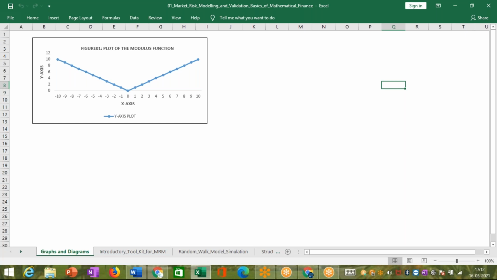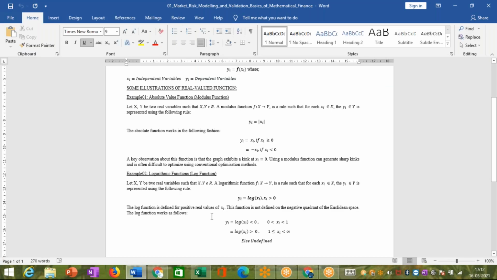From that perspective, these functions become extremely useful. The absolute value function is used whenever you want to find the absolute percentage changes, absolute changes in the returns, return volatility and so on. So when you're looking to study absolute changes, let's say the absolute changes in the actual versus the predicted value, that's where this absolute function becomes a useful function.